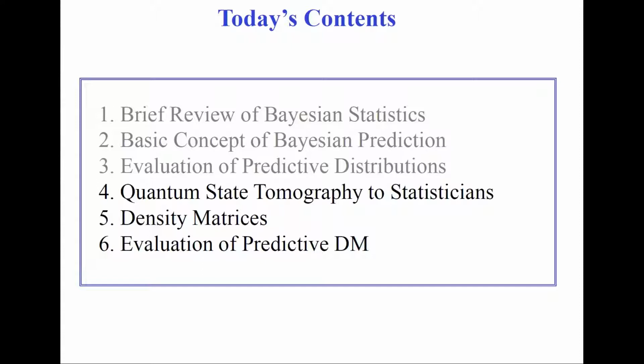And then we introduce density matrices, which are a basic ingredient in quantum information. And we propose the method of predictive density matrix. And finally, we will consider how to evaluate a predictive density matrix. And we show the optimality of Bayesian estimate in quantum state tomography.